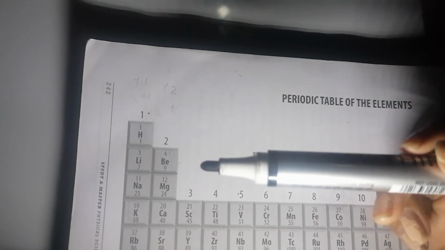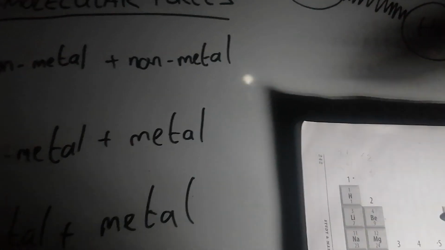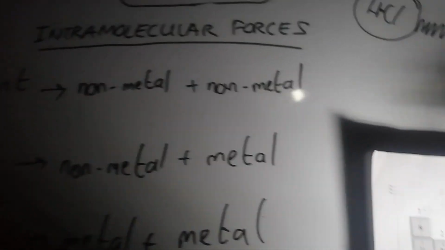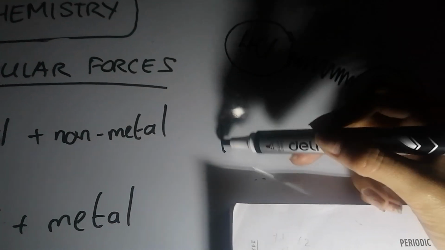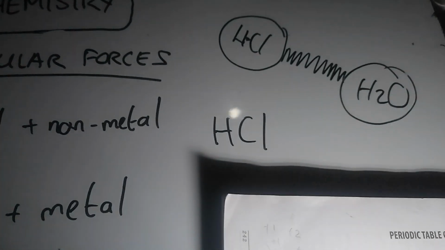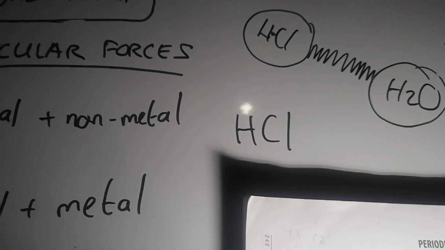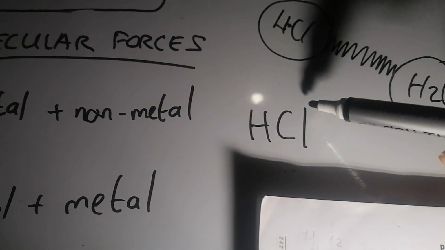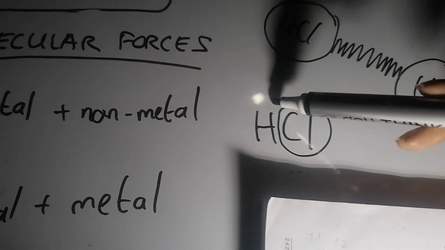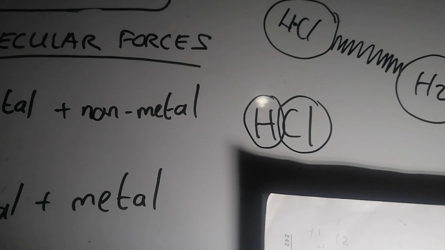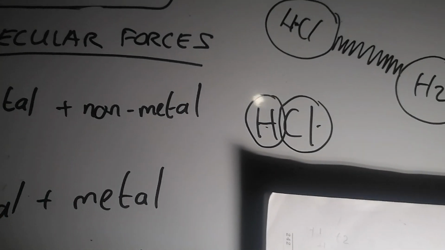Now, for example, if you want to work out whether it's a covalent bond, ionic bond, or so on, let's say we use HCl. So they gave me HCl, and they want me to work out if it's a covalent bond, ionic bond, or whatever. What you're going to do is separate this into its components. I see a hydrogen, I see a Cl.